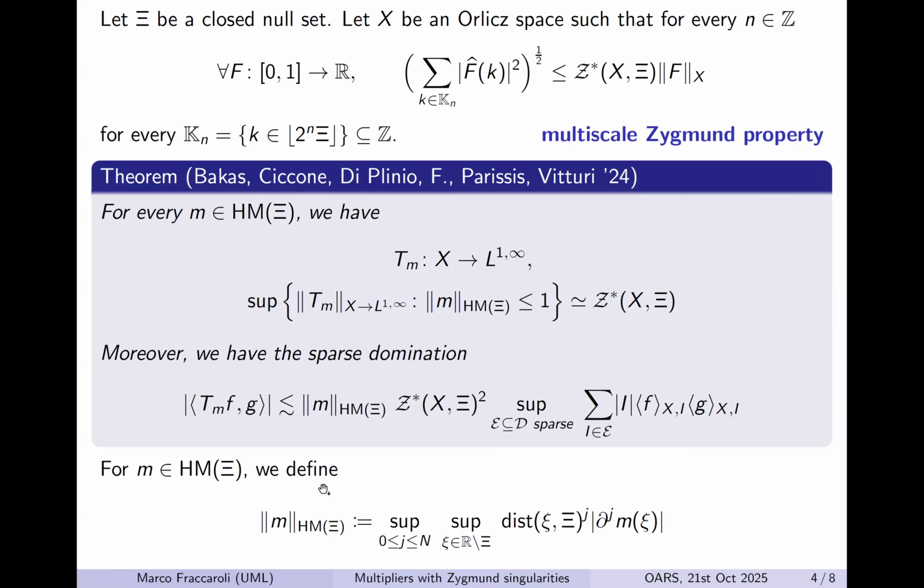And the normalization is just in terms of the Hörmander-Mihlin condition that I already told you about.